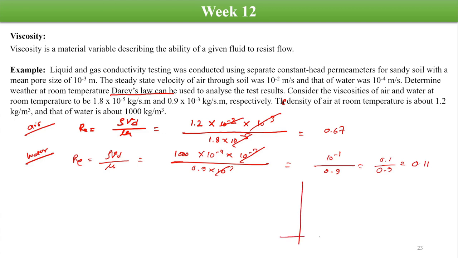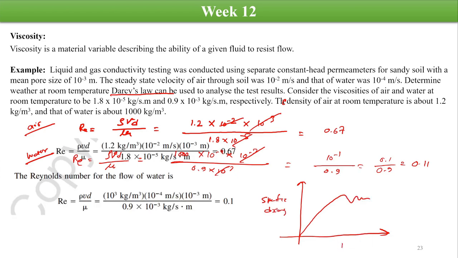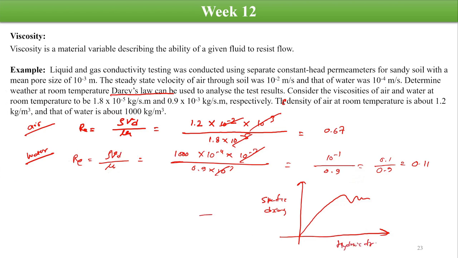So as we have seen earlier also, if this is the profile of specific discharge versus hydraulic gradient, in that case, up to a Reynolds number of 1, this will remain linear laminar flow.